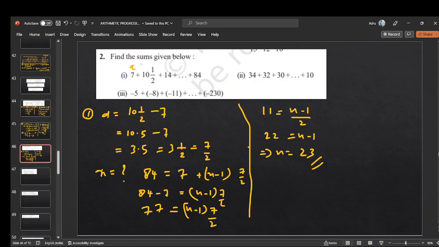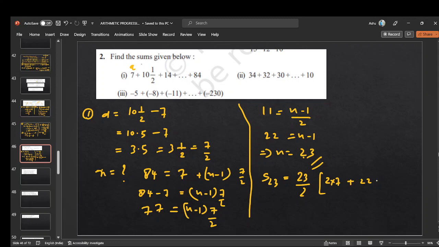Now, what is the sum of these? We got the value of n, so S23. There are 23 numbers, then the sum is 23 by 2 into 2a, 2 into 7, then plus n minus 1, that means 22 into d.